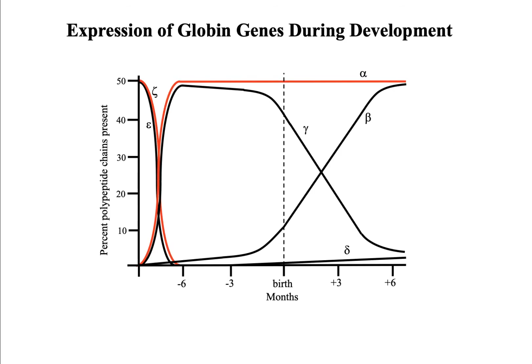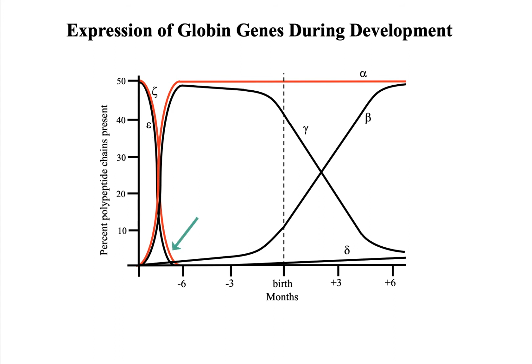The gene expression of these differs depending on the developmental stage of the organism, in this case human. So very early on, zeta and epsilon, the alpha and beta type globins, are turned on to the greatest extent. And then by 3 months later, they're almost non-existent.